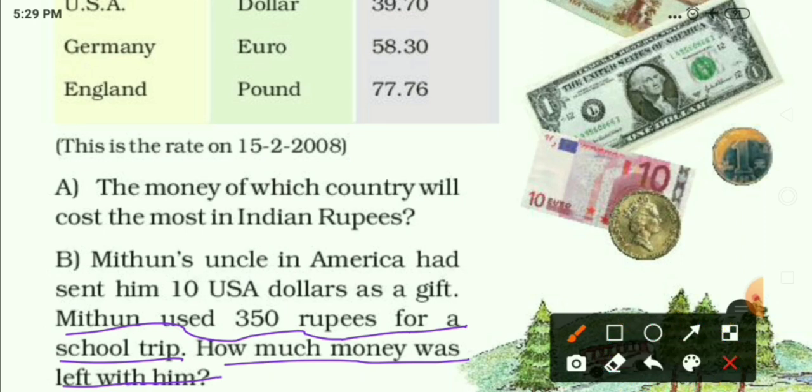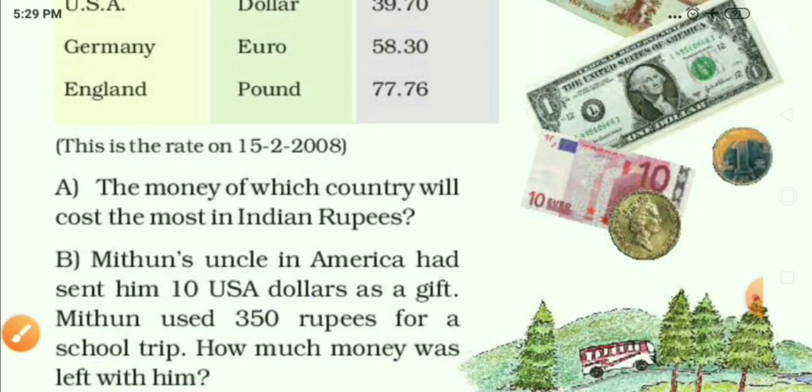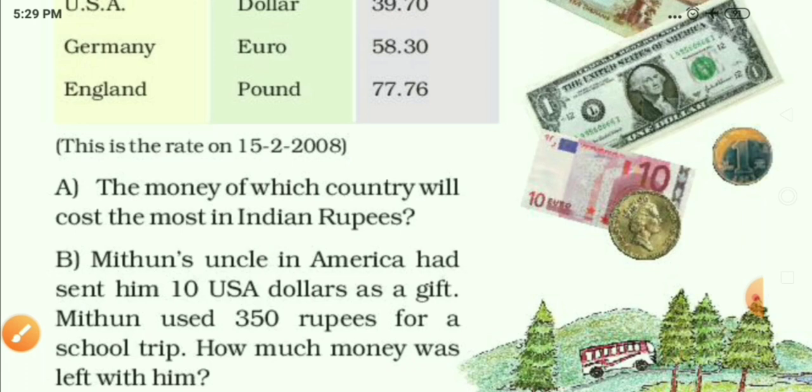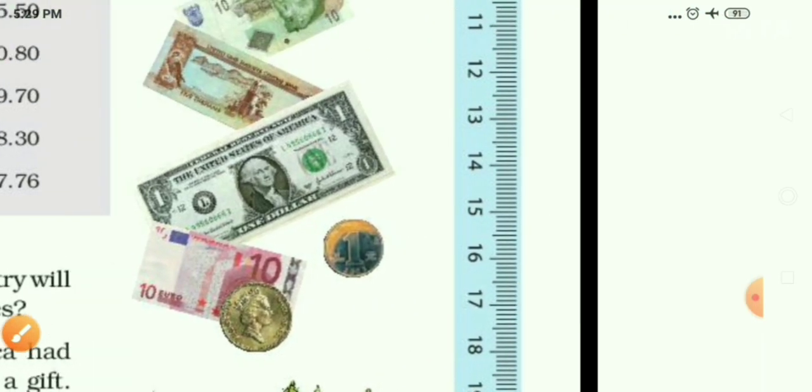So dear friends, first you have to understand how many American dollars there are. Here are 10 USA dollars, and 1 USA dollar makes 39.70 rupees. So $10 means, let's make a solution for it. Then he also used 350 rupees for his school trip. So now make a solution.